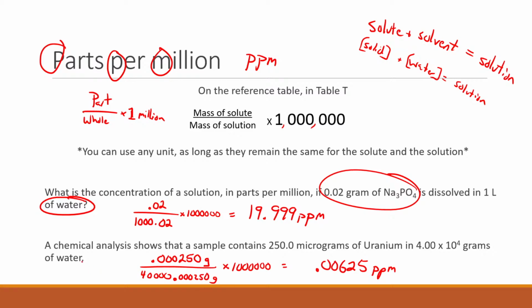Right, if this had said solution, you could have just ignored the addition piece. But because they're telling you specifically it's for 40,000 grams of water, you must add in the mass of the solute to get the mass of the solution.